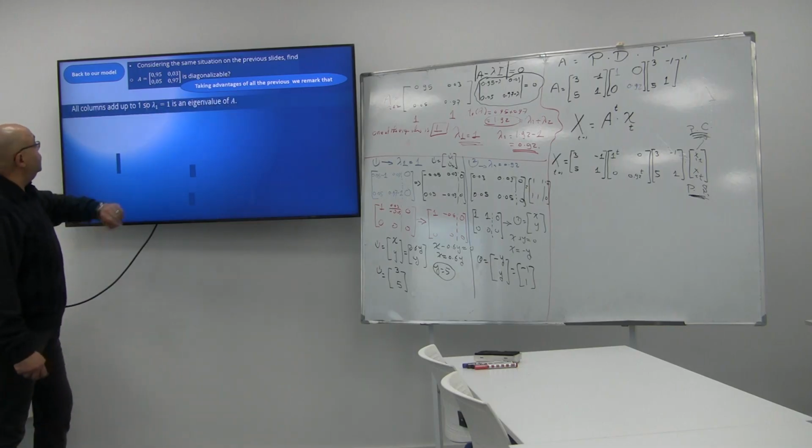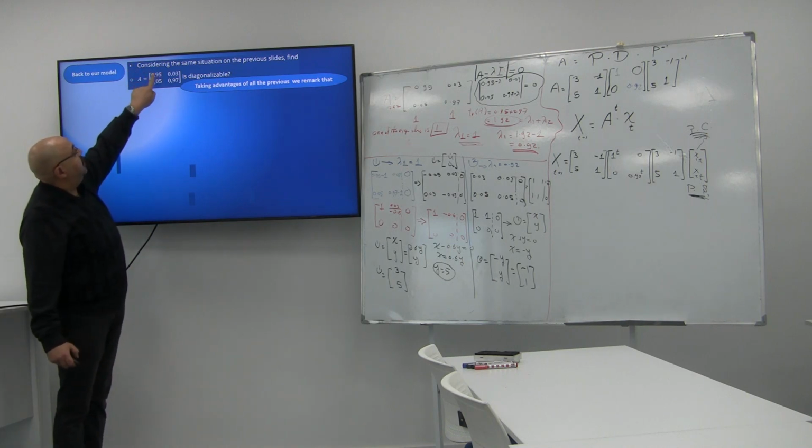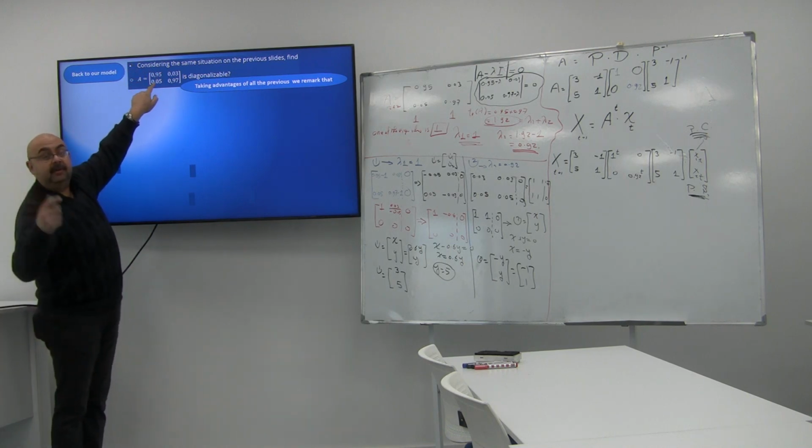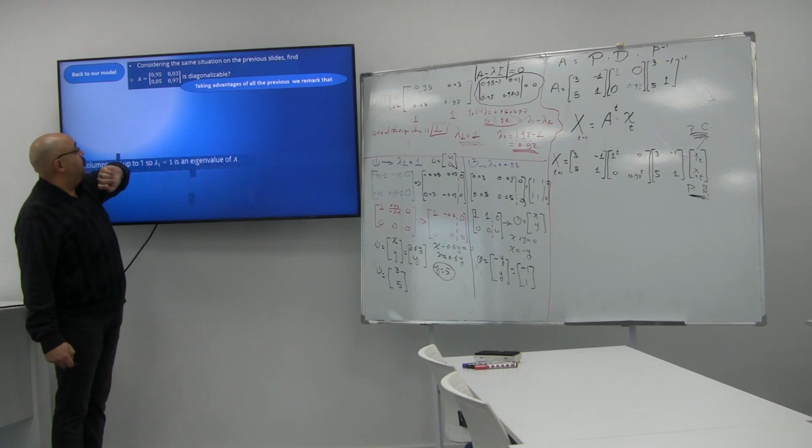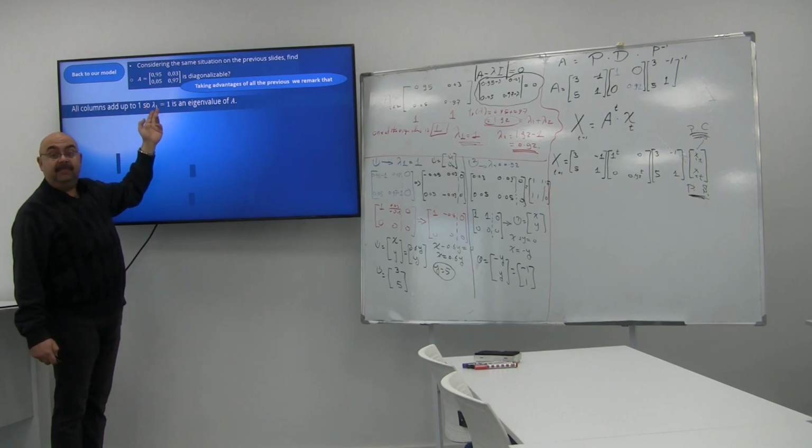So this is once more remarking that 0.95 plus 0.05 equals 1, and 0.03 plus 0.97 also equals 1. So this means that one of your eigenvalues is going to equal 1.